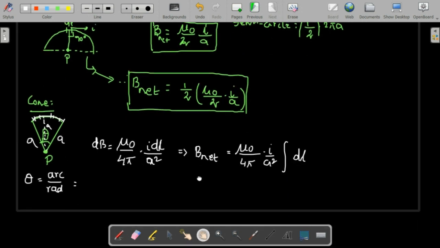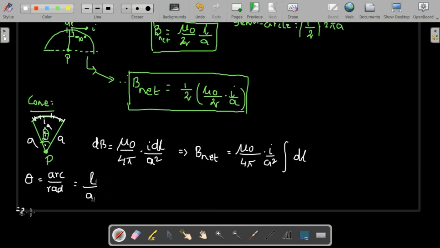So if you remember the definition of sine theta also, it will be this divided by a. If the theta is very small, we are talking about a small angle here, we can write it down as arc divided by radius. So this arc, we can consider it to be the entire length L, divided by A.